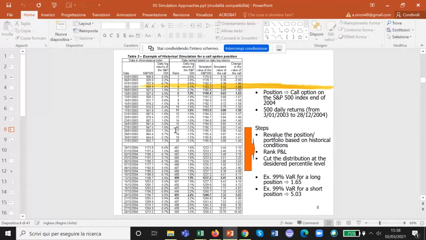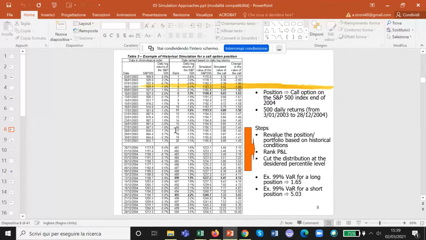Assume we have a portfolio which is basically replicating the S&P 500, okay? So we basically have a US stock market portfolio. Let's look at an historical data series, an historical sample, which is made up of 500 daily returns. It's an old sample, but the idea, of course, is always the same.